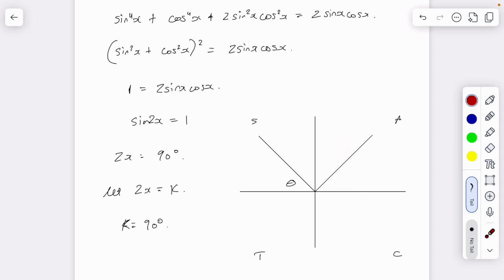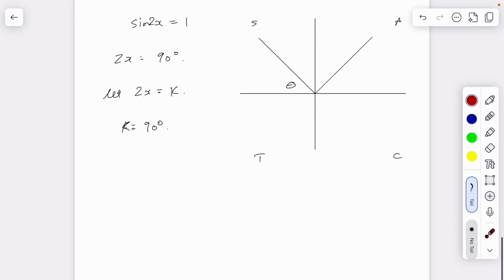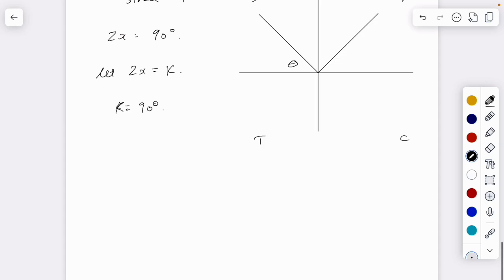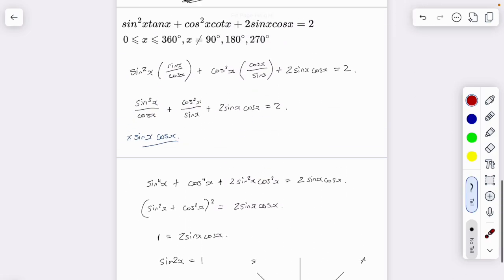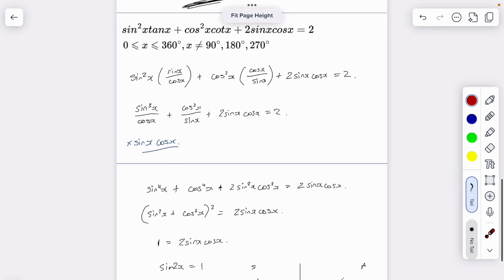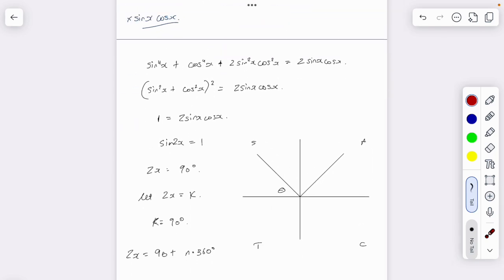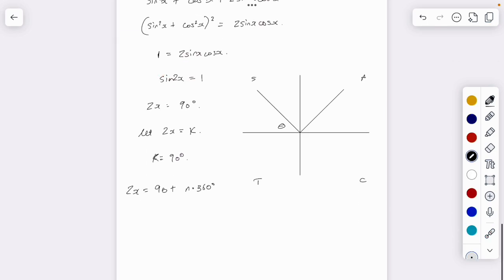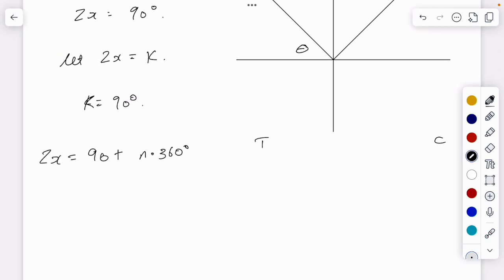Well, it's just 90, so we're just going to stick to 90 degrees. And so we can say that 2x is equal to 90 plus n times 360 degrees, and we're doing that because we were working with sine here. And therefore, x is going to equal 45 plus n times 180 degrees.